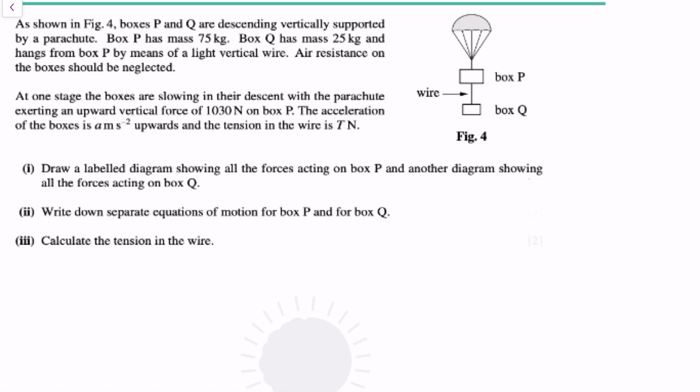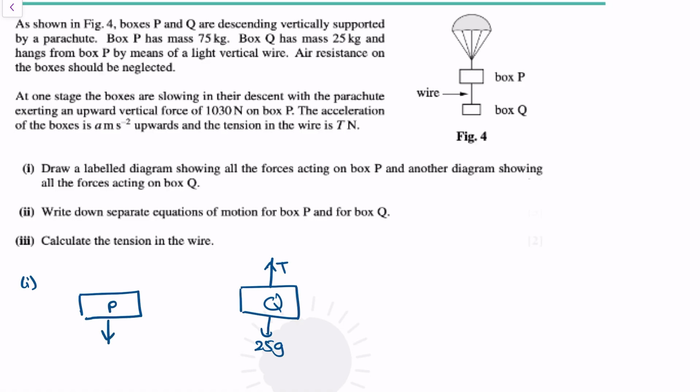Part 1. Draw a labelled diagram showing all the forces acting on box P, and another diagram showing all the forces acting on box Q. So if this is P and this is Q, Q feels its own weight, which is 25g. It will feel the tension from the wire.